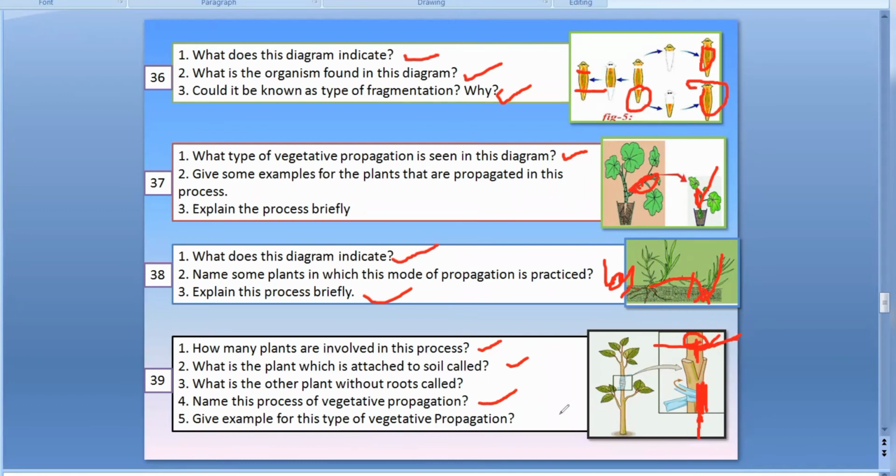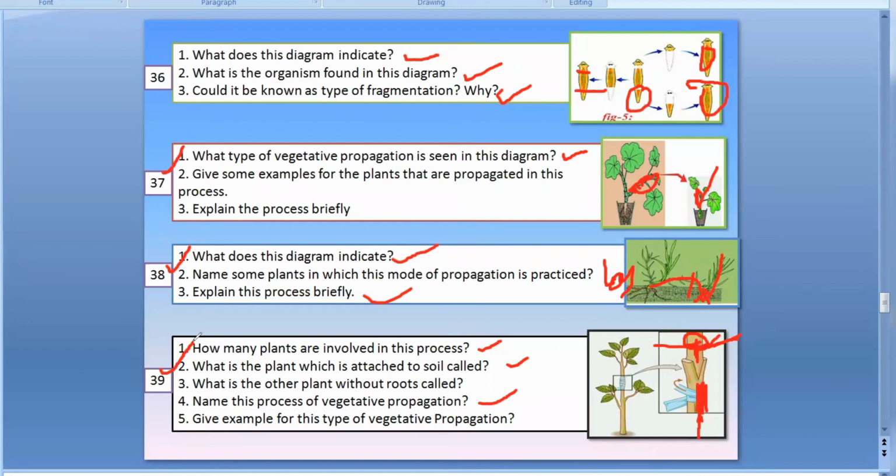Examples for this type of propagation are mainly mango, citrus, apple. So grafting is possible in these plants. Once again I will conclude: here 37 is cutting, 38 is layering, 39 is grafting.